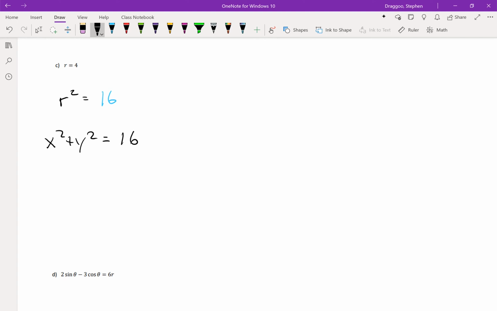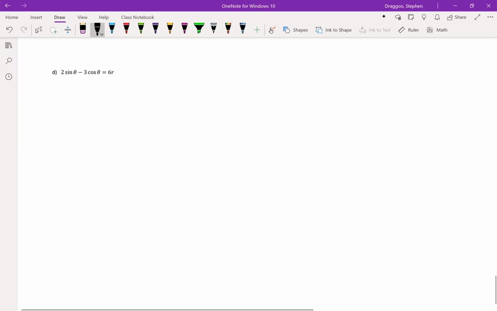So if you're familiar with rectangular equations for circles, you might remember that the general equation for a circle is x squared plus y squared equals the radius squared. And that's only if we're talking about circles centered at the origin.